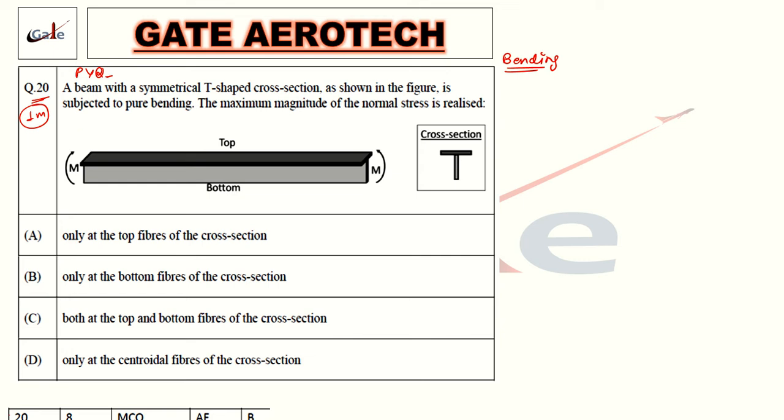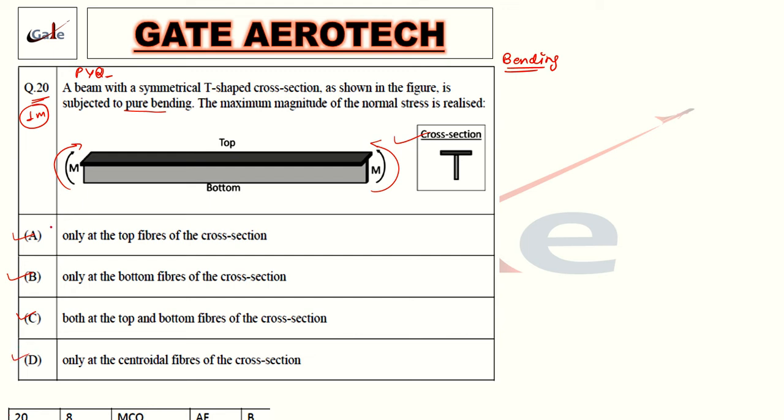A beam with a symmetrical T-shaped cross section, as shown in the figure, is subjected to pure bending. That means only bending, with no shear force and no shear stress. The maximum magnitude of the normal stress is realized at the top fiber of the cross section, at the bottom fiber, at both the top and bottom, or only at the centroid fiber of the cross section.